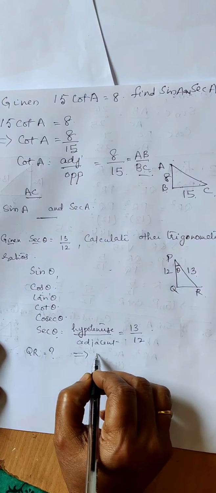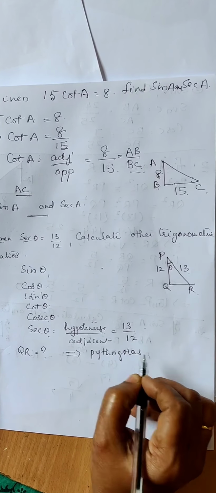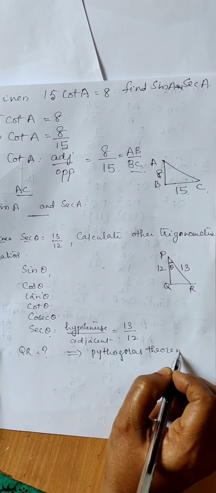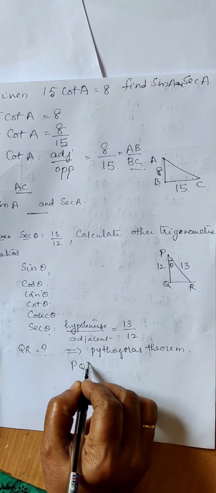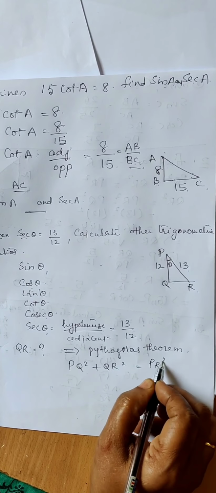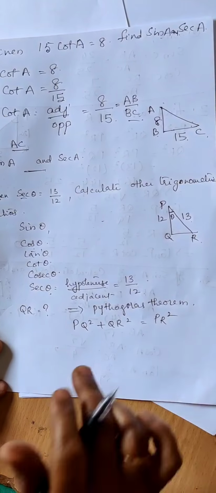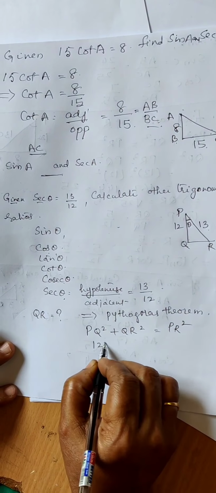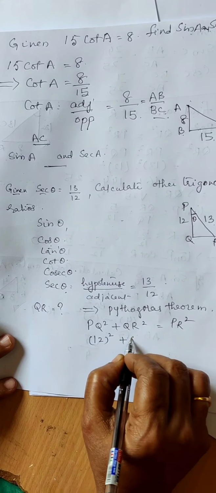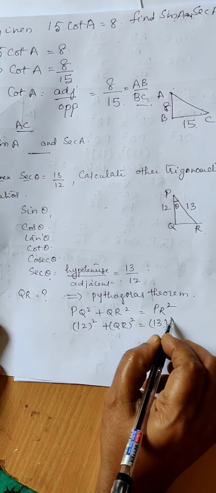So, according to Pythagoras theorem, what we should write here? PQ square plus QR square is equal to PR square. PQ square means 12 square plus QR square is equal to 13 square.